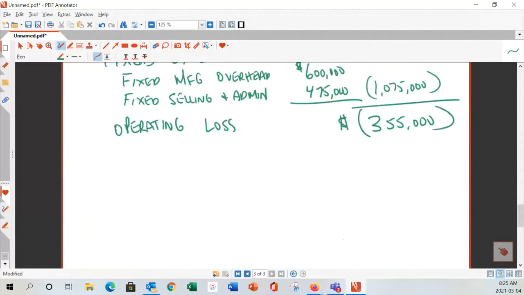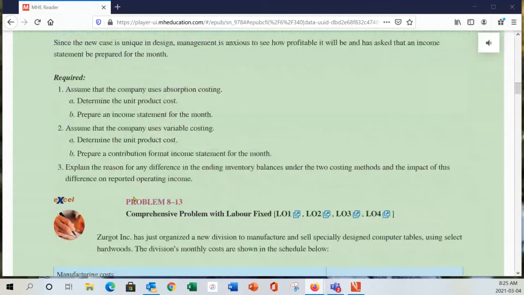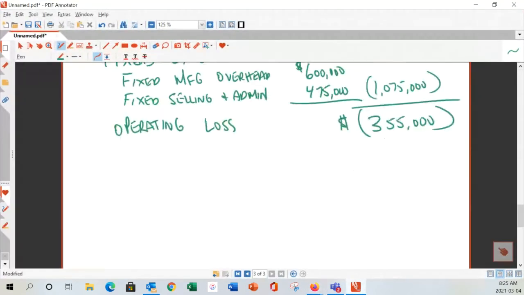Okay, so how do we explain that difference? And I think that's the next question. But explain the reason for the difference in the ending inventory balances under the two costing methods and the impact on operating income. Okay.